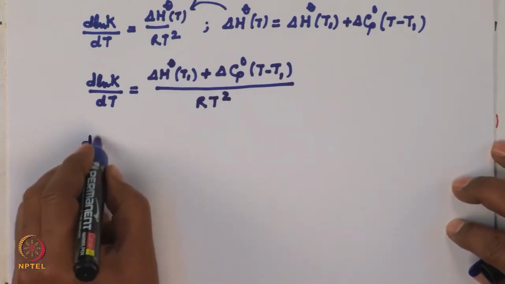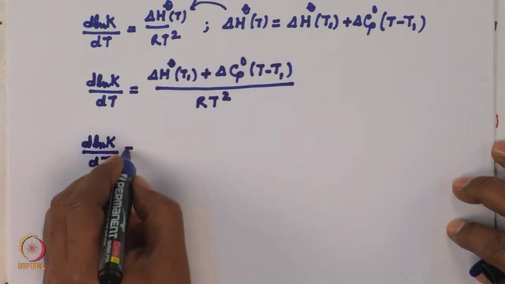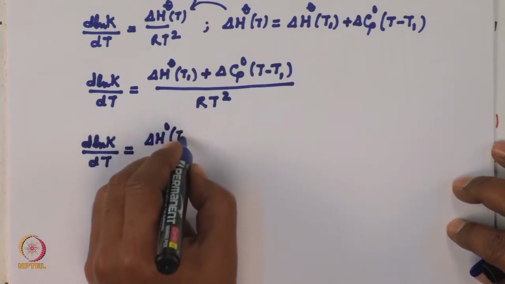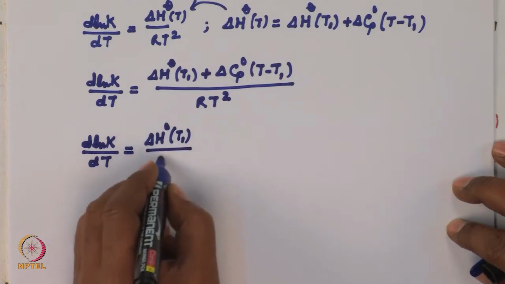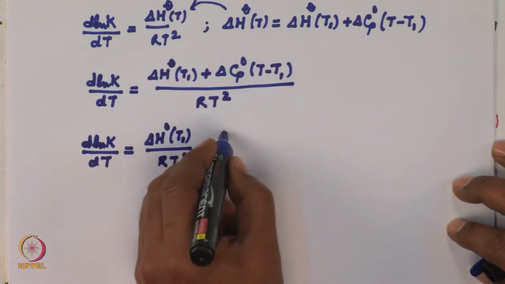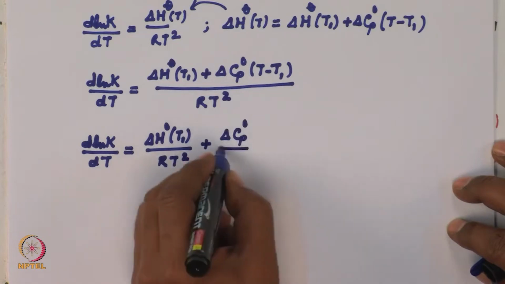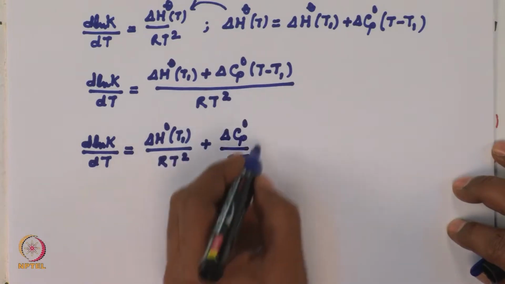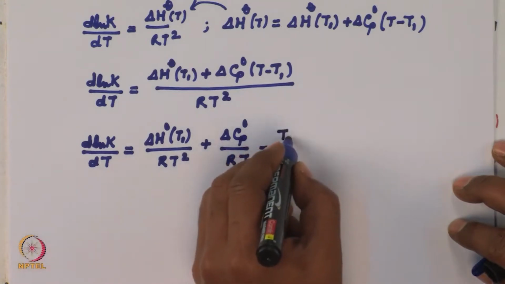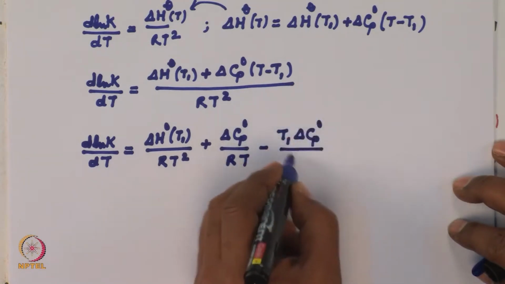Let me go a step further. d log K by dT is equal to delta H naught at T1 over RT square plus delta Cp naught over RT minus T1 delta Cp naught over RT square.